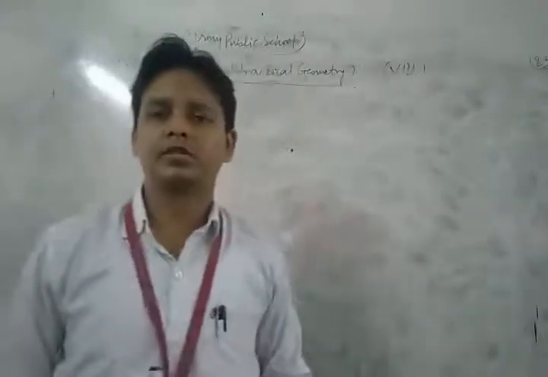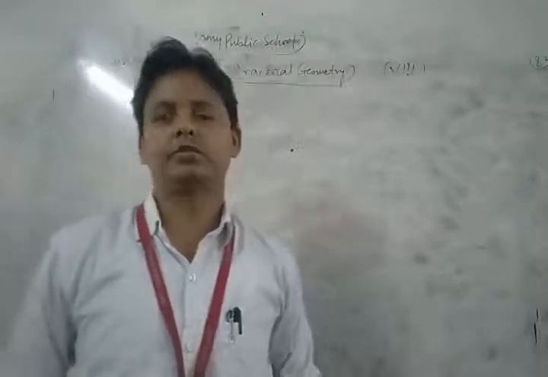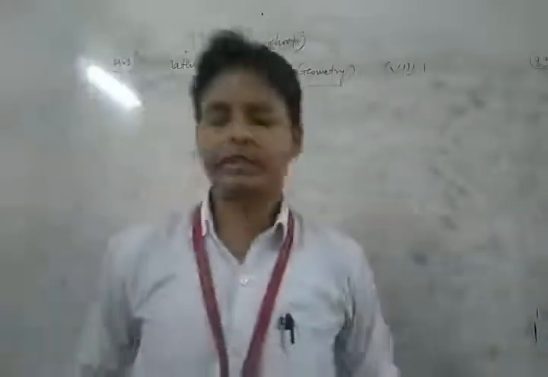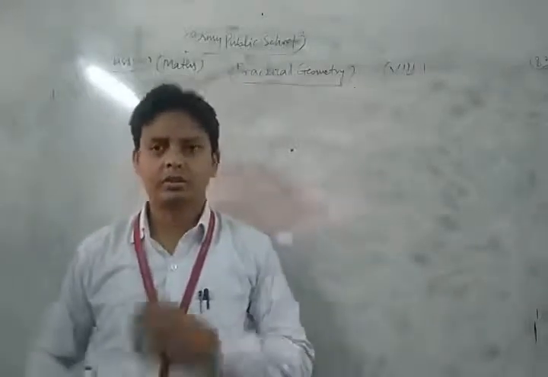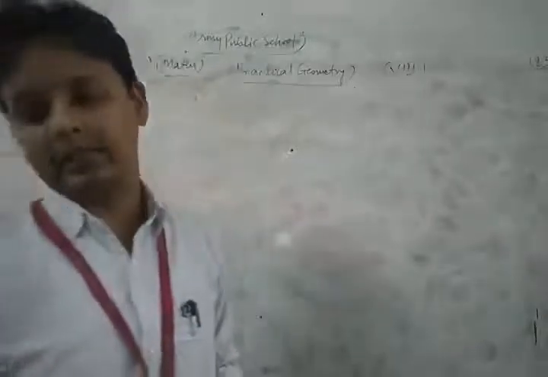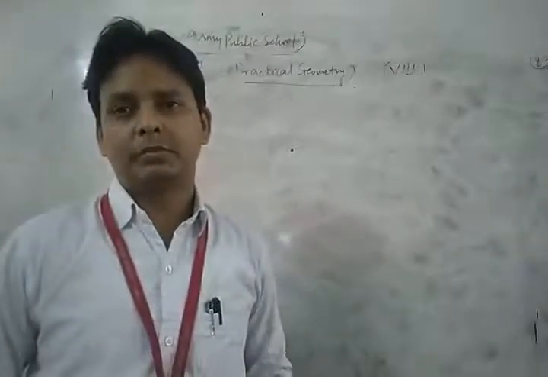Dear students, in the previous class we discussed a very important chapter of your syllabus, which is practical geometry. In that class we constructed some important questions based on the chapter practical geometry.